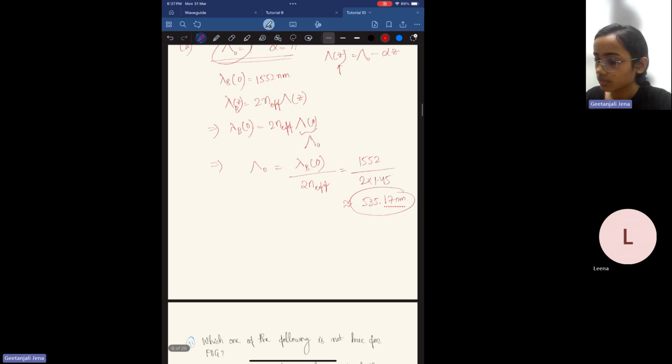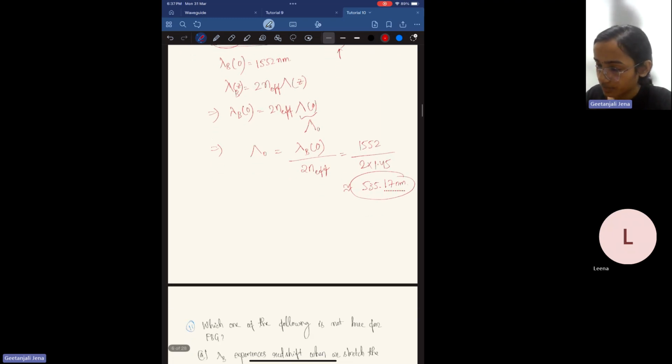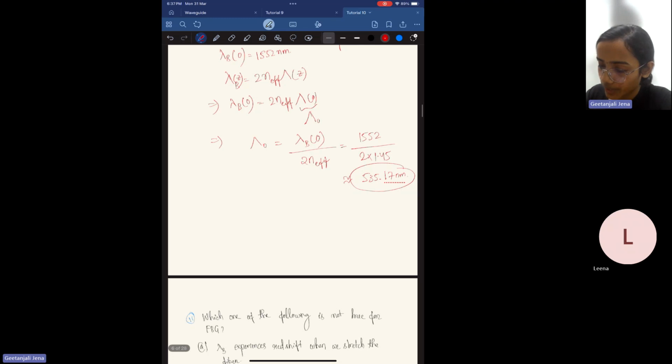For the chirp rate alpha, we can use the second condition. We have lambda B at z equal to L is 1542 nanometer.